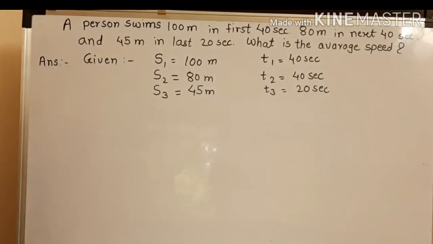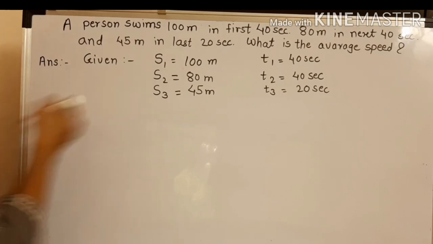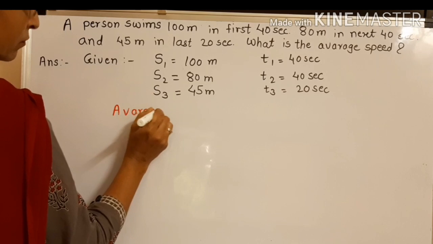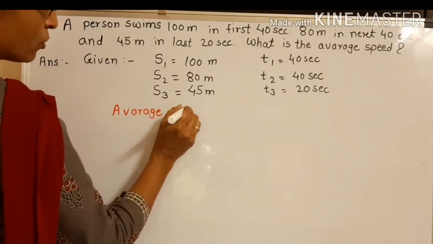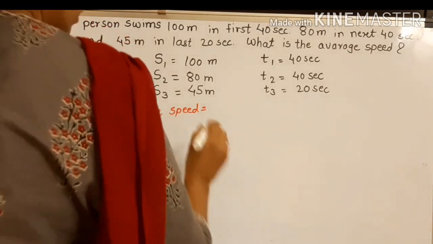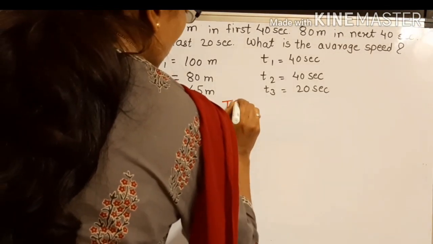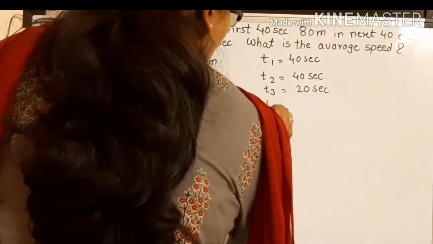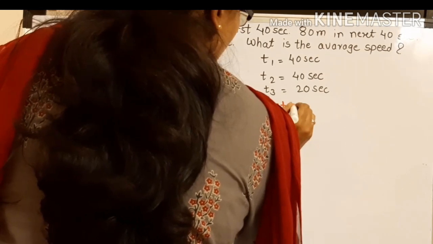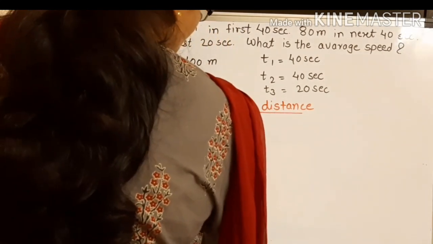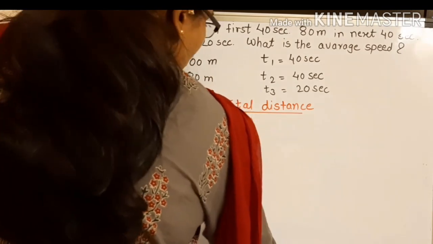After that, we write the formula which we are going to use: average speed is equal to total distance covered upon total time taken.